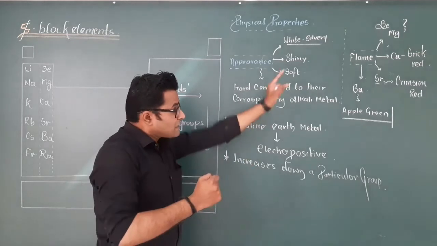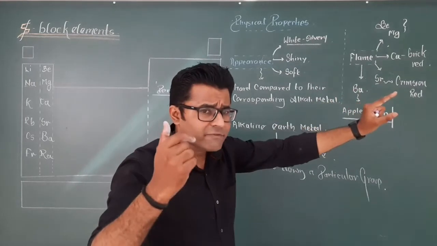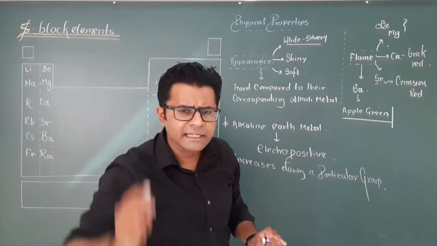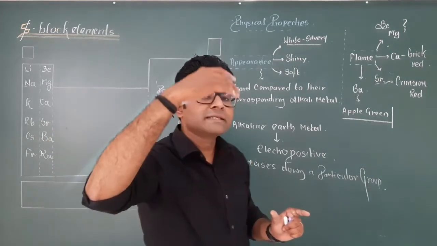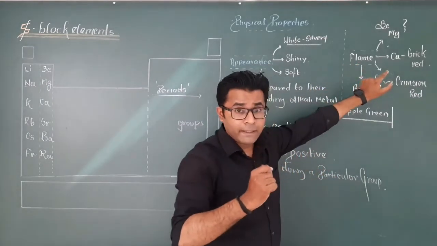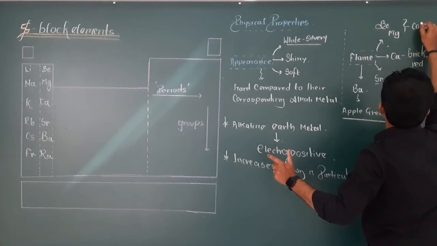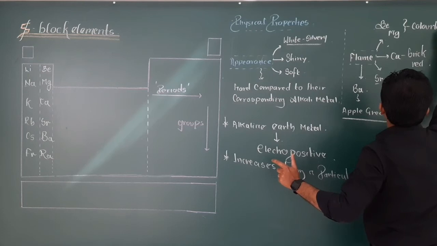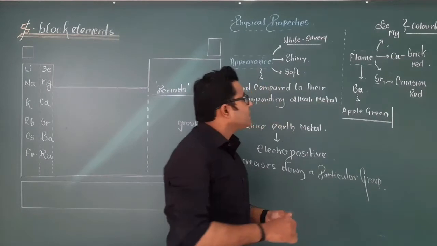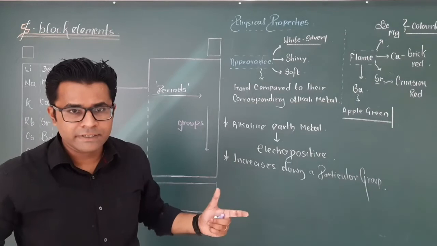Therefore, the flame energy is not sufficient for the electrons to get excited to the higher orbitals and then get de-excited. As they do not get excited with the help of the energy from flame, these elements remain colorless. So this was with respect to the flame and their colors.